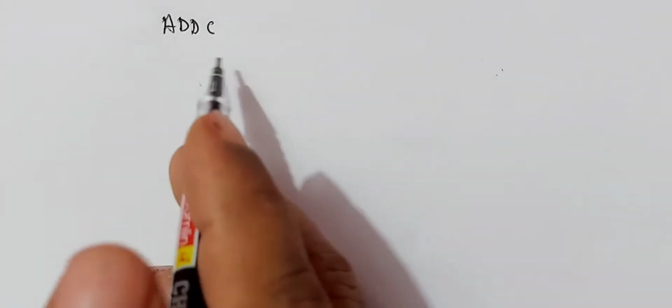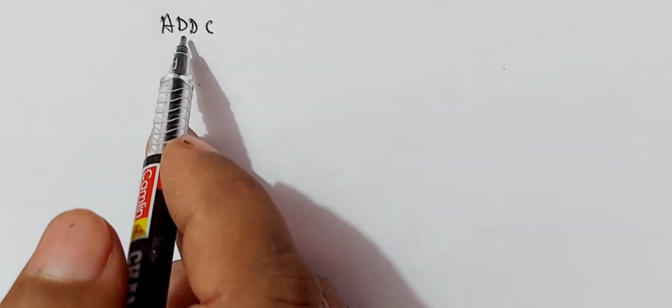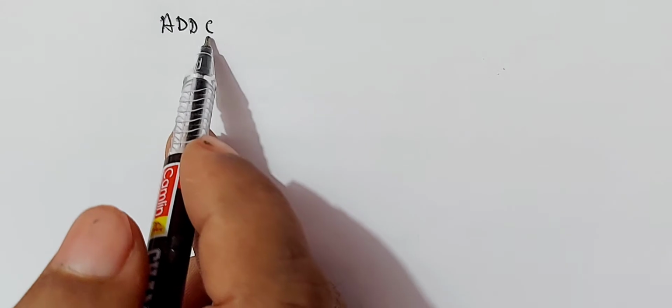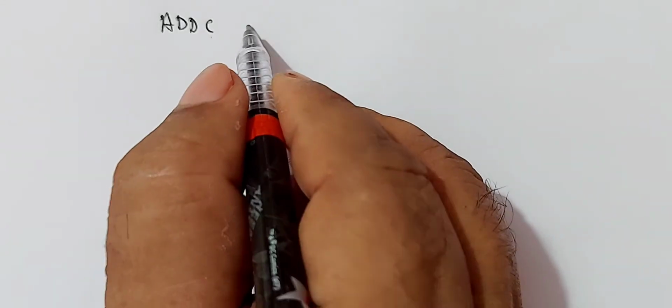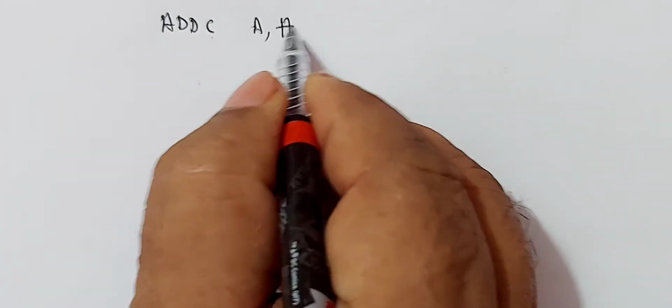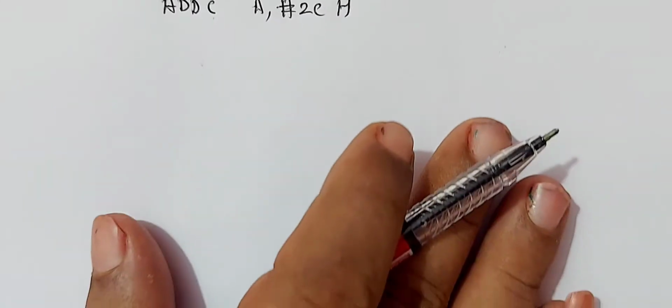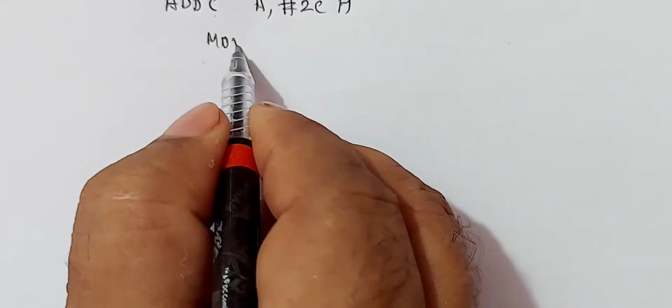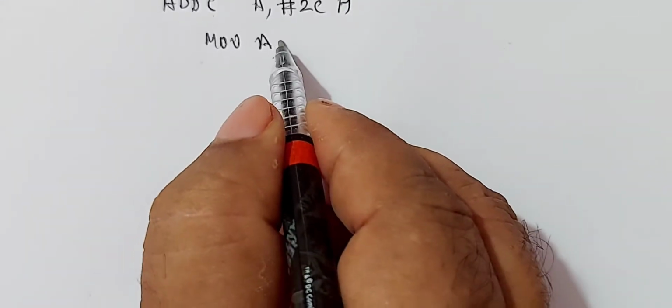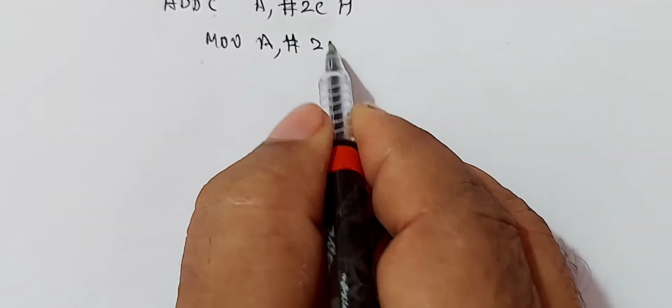ADDC means add the content of the source and the content of the destination along with the carry C. So I will write with an example. ADDC A comma hash 2CH. Example. To do this, first move some content into A. So MOV A comma hash 2DH.